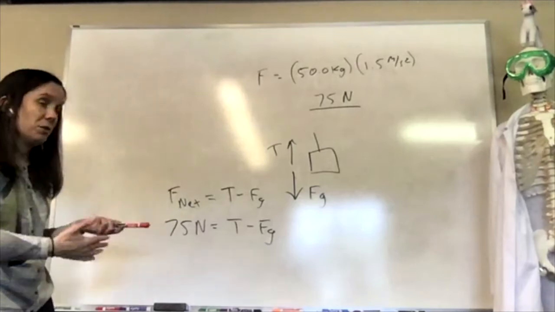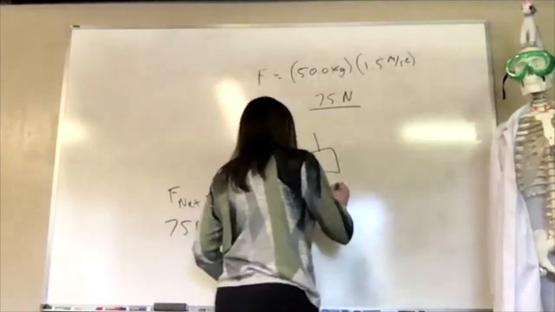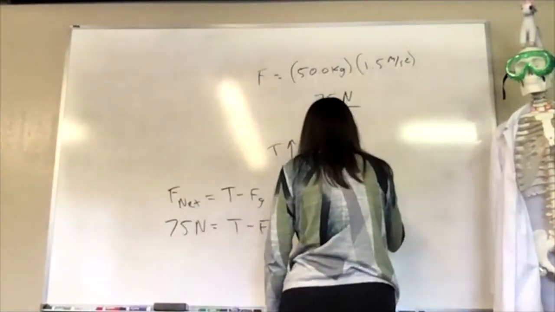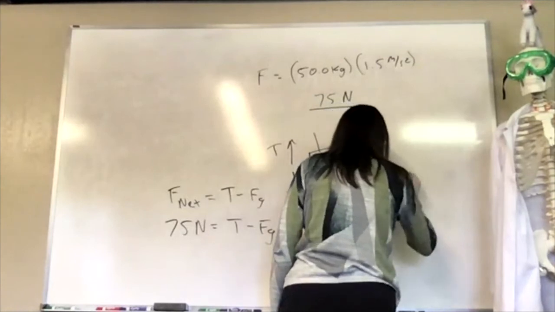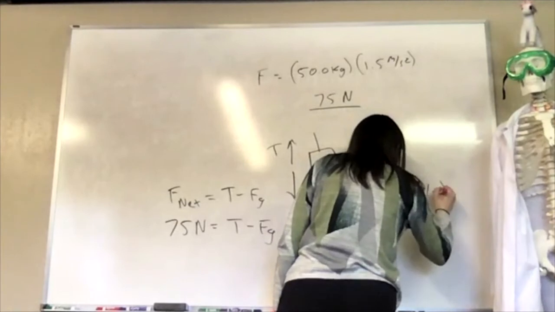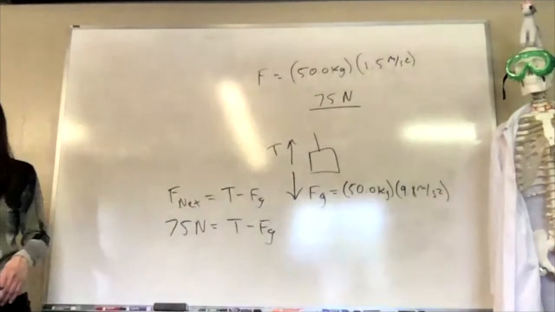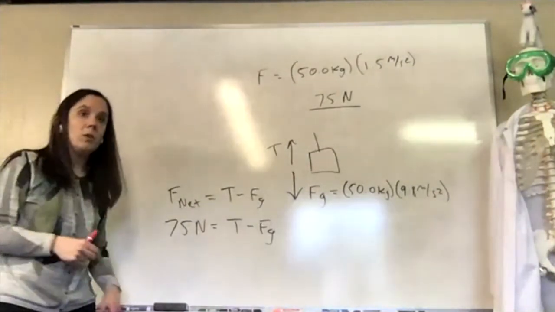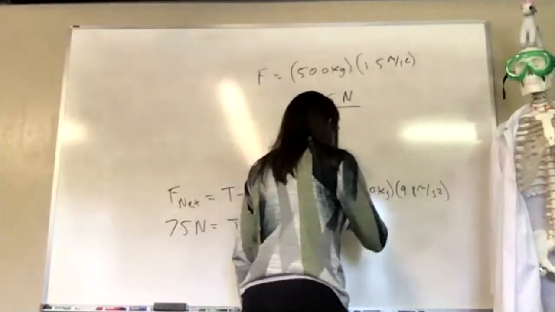Okay, so what's the force of gravity? Well, that's just the weight. The force of gravity equals the mass, which is 50 kilograms, times 9.8. Whenever we are given the mass of an object, multiply by 9.8 and you get the weight, the force of gravity. So 50 times 9.8, what is that, 490?